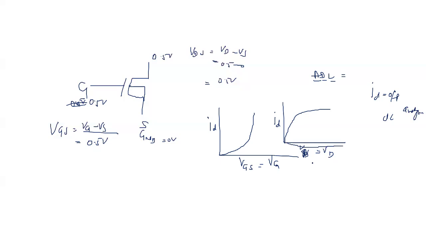I selected my x-axis from 0 to 0.5 and this y-axis drain current is to be computed. Then when I simulated it, I saw that this sort of a graph appears.